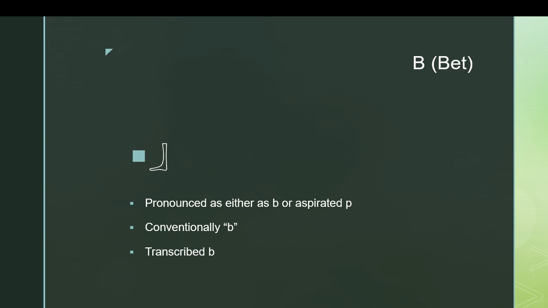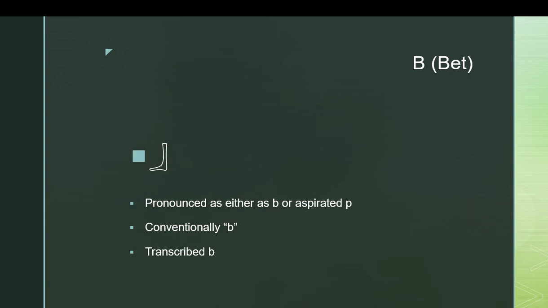We're not totally clear on the pronunciation. It was either a B, which is how we conventionally pronounce it and transcribe it, or it was an aspirated P. An aspiration is when you have a puff of air as you say a word. English speakers do it naturally when a word begins with a P, a T, or a K, but we don't think about it, so it's hard for us to remember to do. But if you put your hand in front of your mouth, you'll feel an aspiration as a little puff of air that comes out.